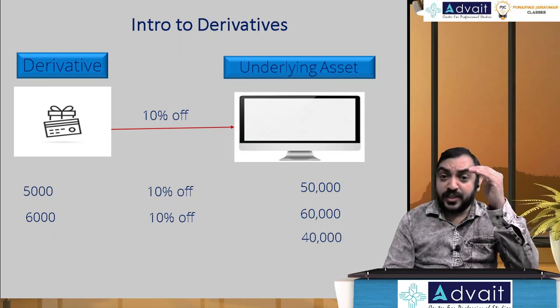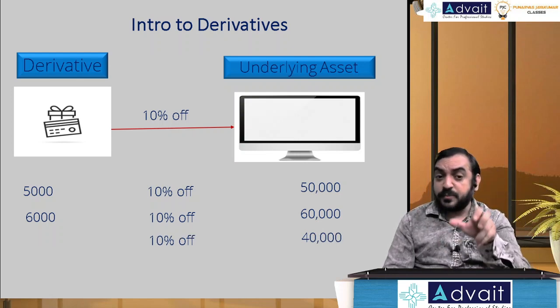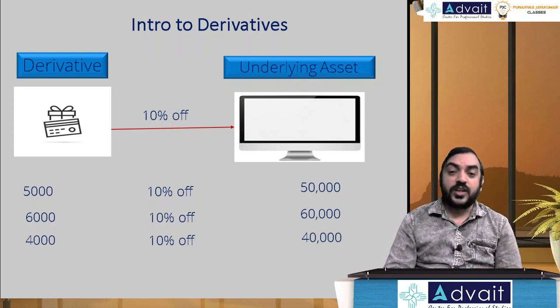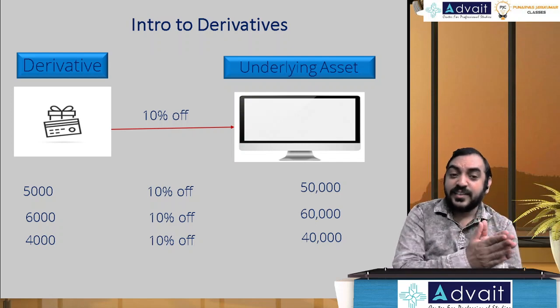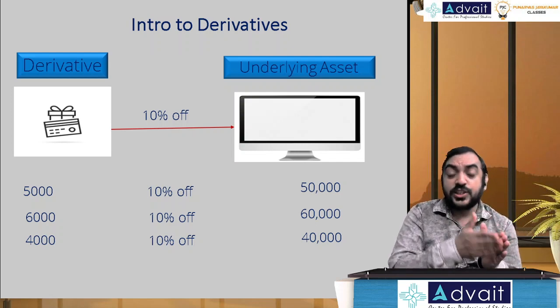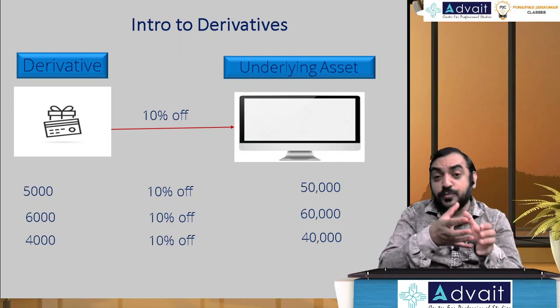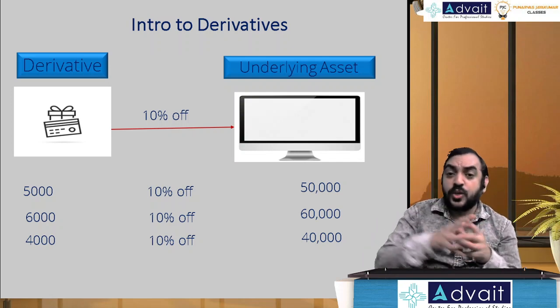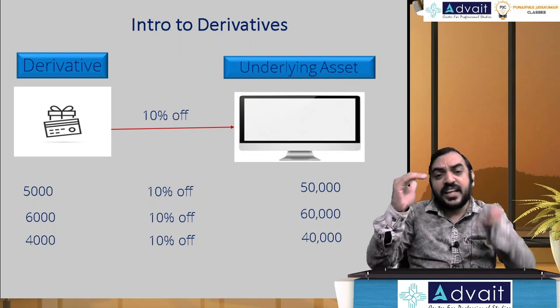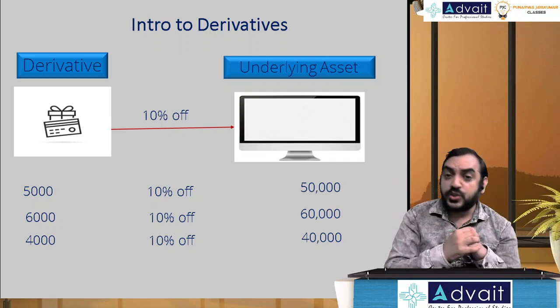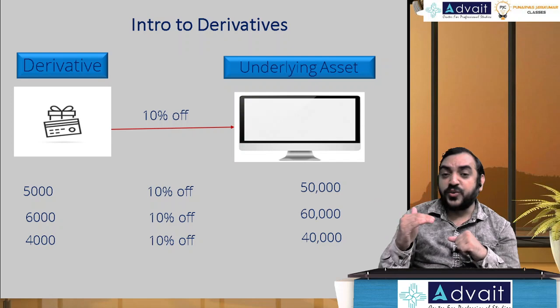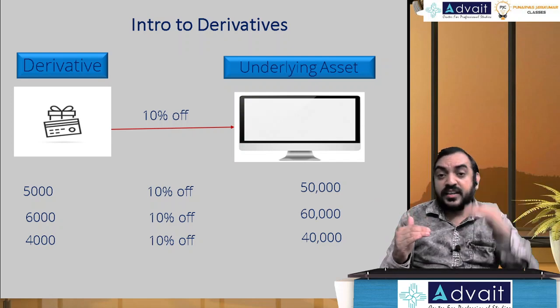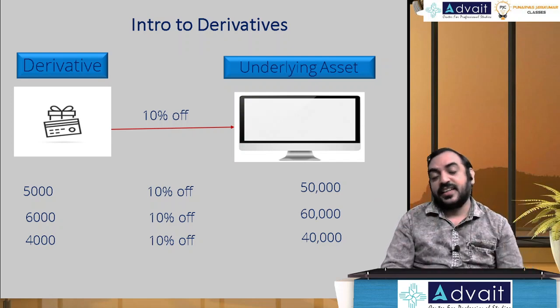Now suddenly if the price falls to 40,000, 10% off, it will fall to 4,000. So look at the derivative. The gift coupon is moving in tandem with the underlying asset. When the underlying asset increases, the derivative gift coupon value also increases. When the computer value decreased, the gift coupon derivative also decreased.